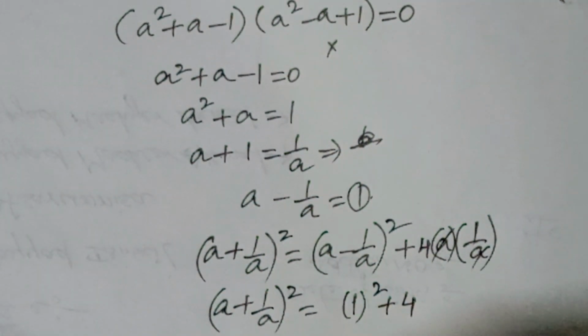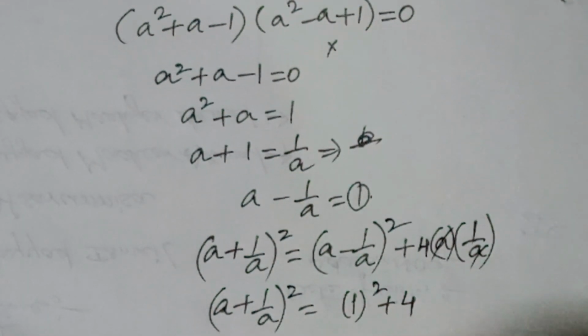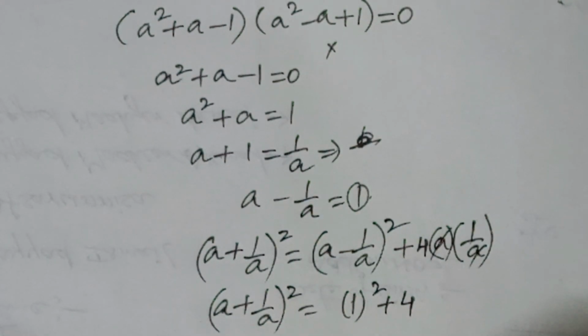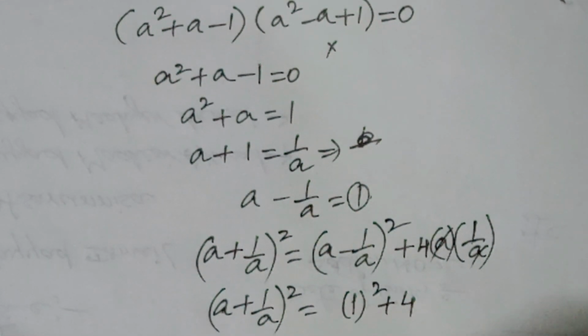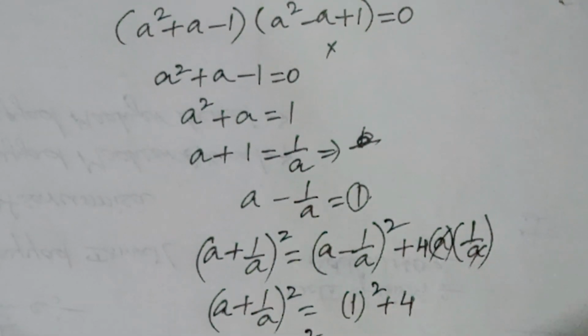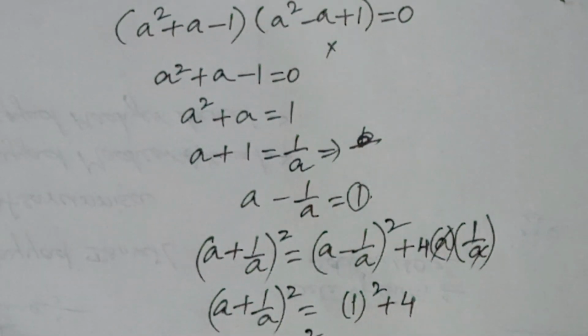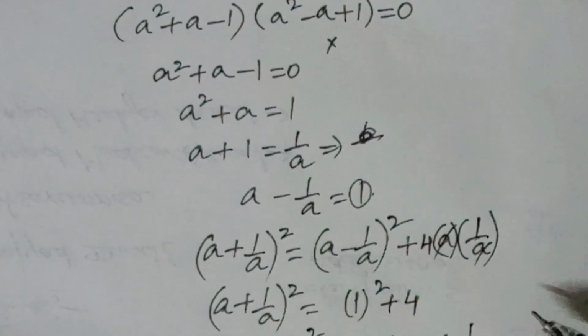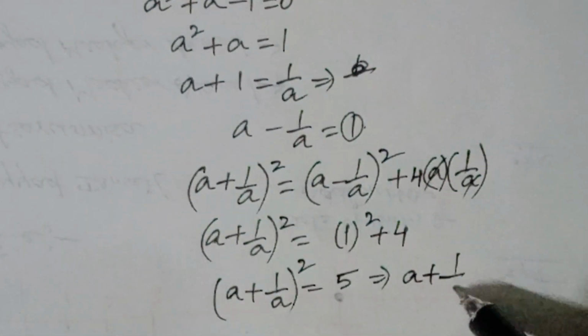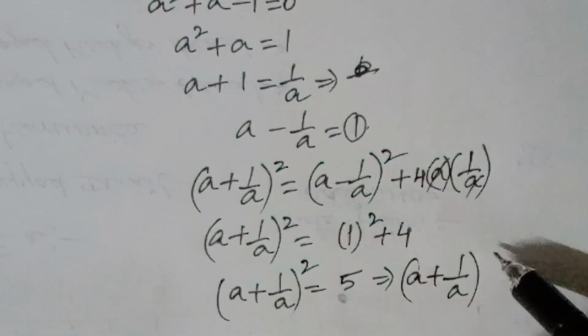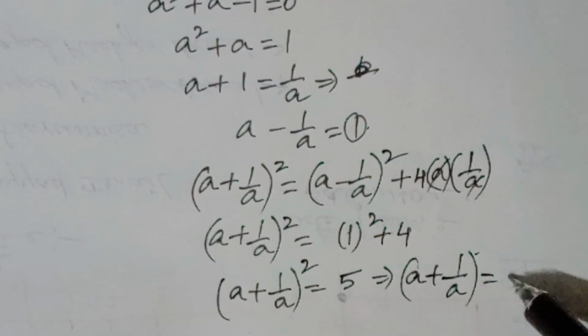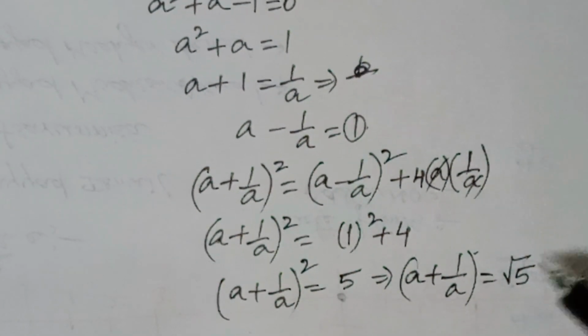So a plus 1 by a whole square is equal to 5. That implies a plus 1 by a is equal to root 5.